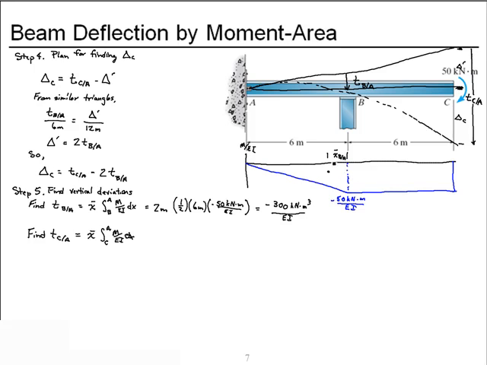So for part 1, our x bar, C relative to A, is going to be the 6 plus 2, which is 8 meters, and our centroid for the rectangular shape will have an x bar of half the width of the rectangle, or 3 meters.